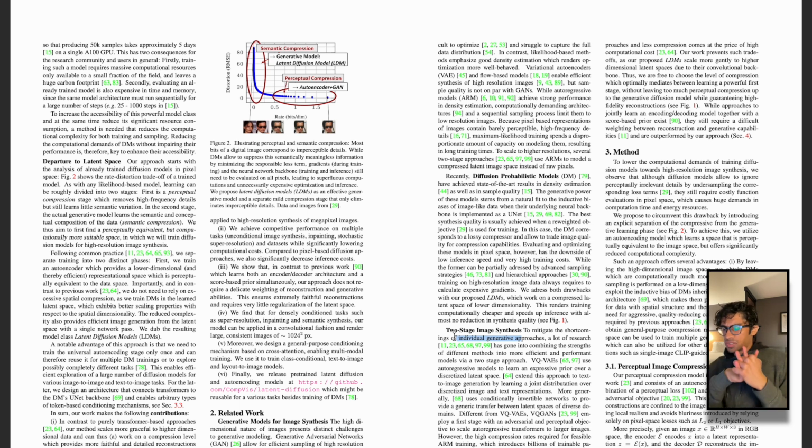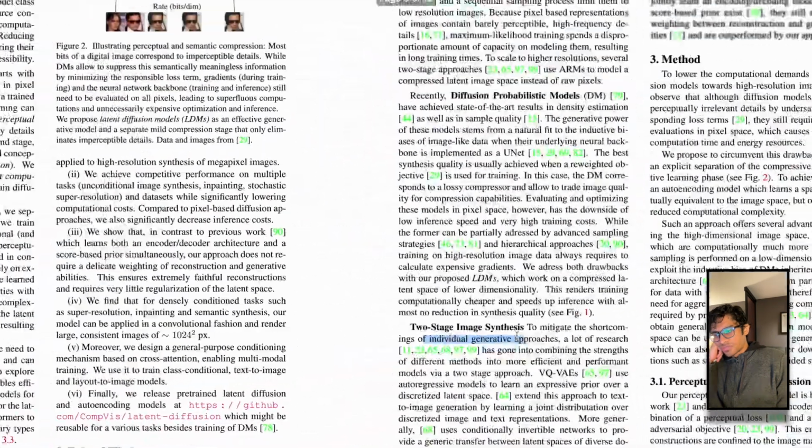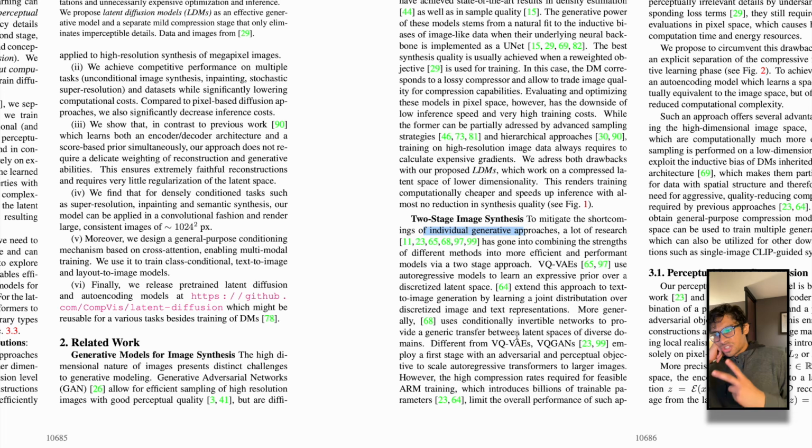VAEs have two stages, but here they talk about two-stage image synthesis, which means both the stages will synthesize an image, while the VAE doesn't synthesize an image in both stages. It first compresses and then decompresses, so it's just one stage.